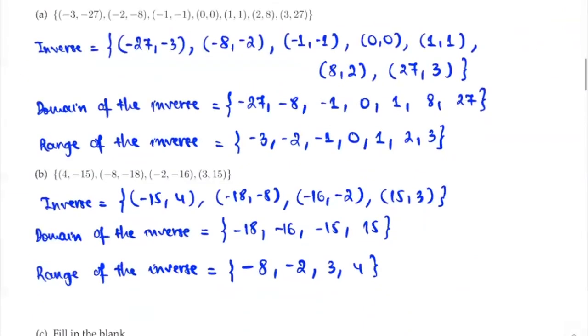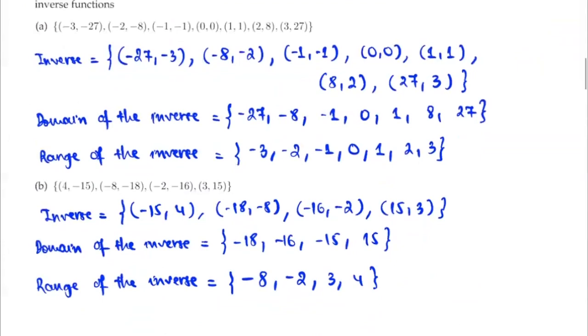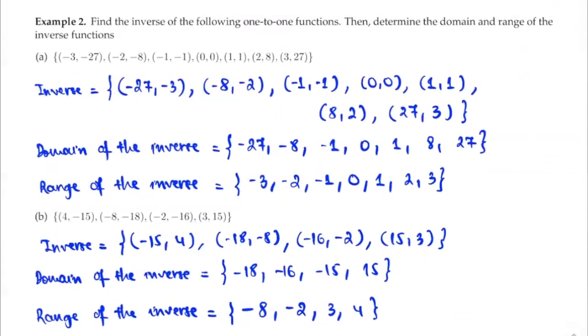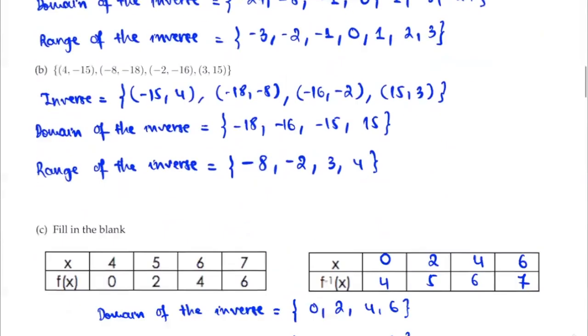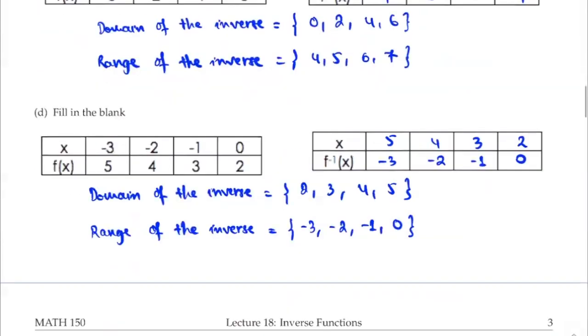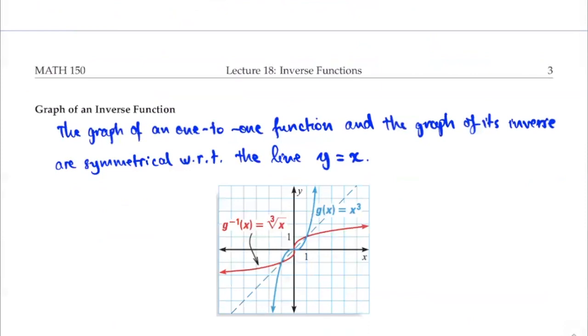So we cover some examples of how to find the inverse function of a one-to-one function in terms of a set of points, in terms of a table of values, and we use a graph to find the inverse. So the graph of a one-to-one function and the graph of its inverse function are symmetrical with respect to the line y equal to x.